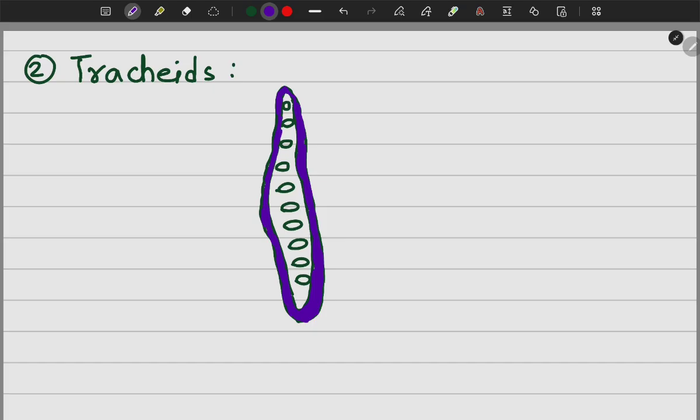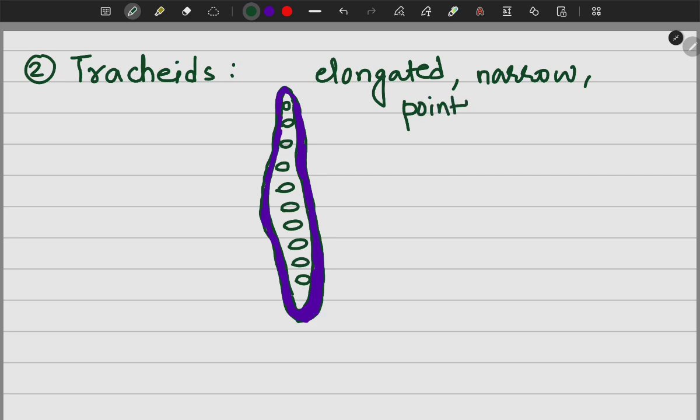Alright, so this is a tracheid which is elongated and narrow, pointed cells with tapering ends.